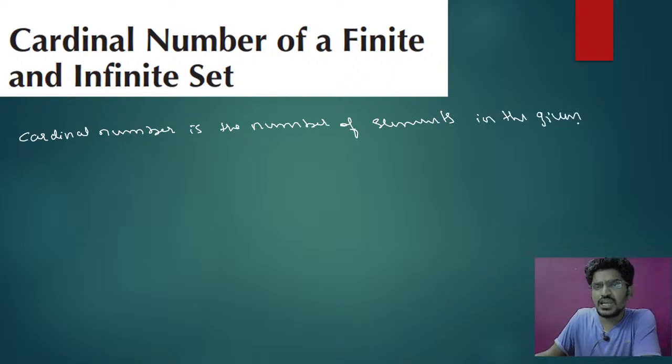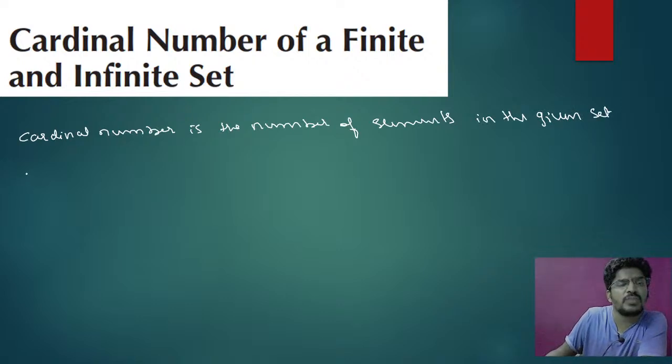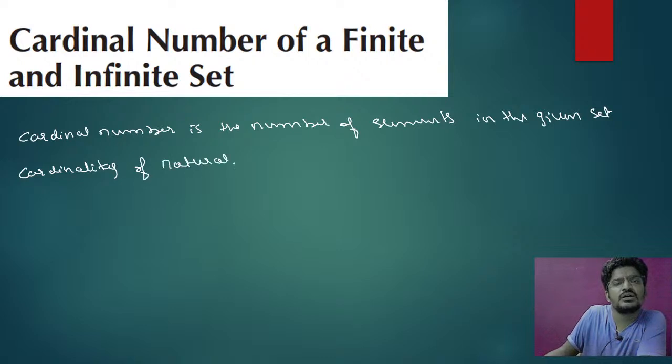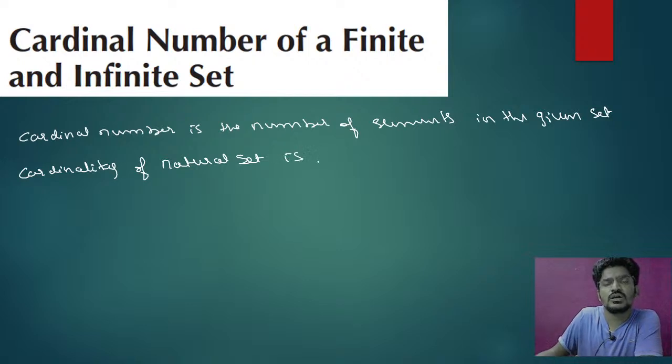The number of elements in the given set is called cardinal number. For example, the cardinality of the natural number set is what? Can anyone tell me? It is infinite.